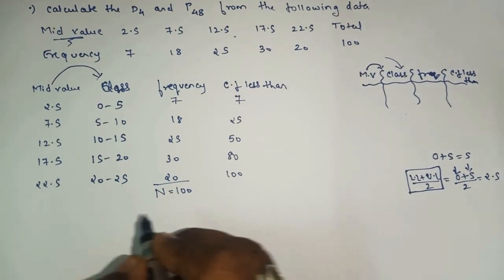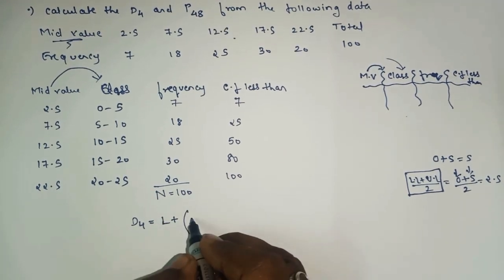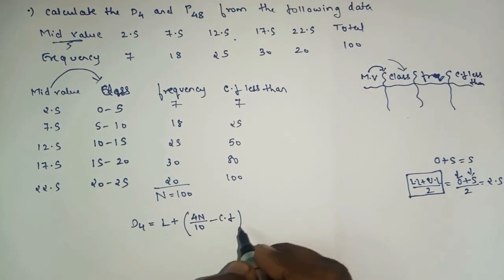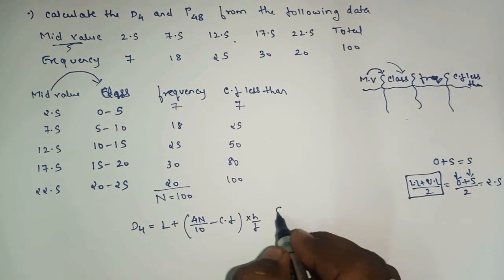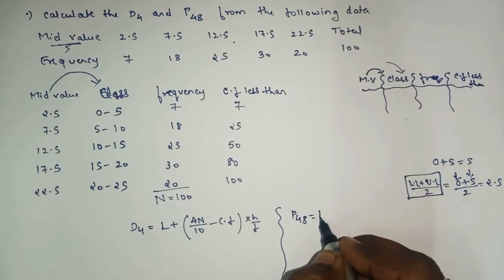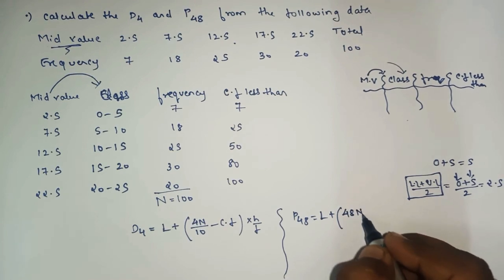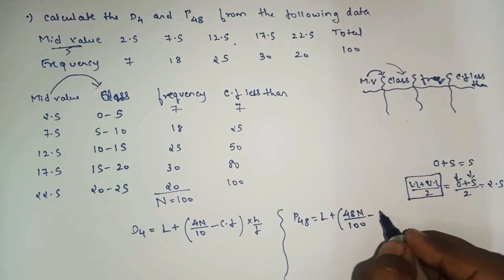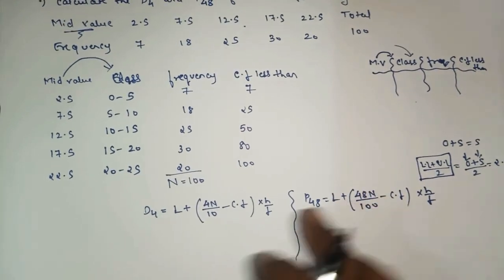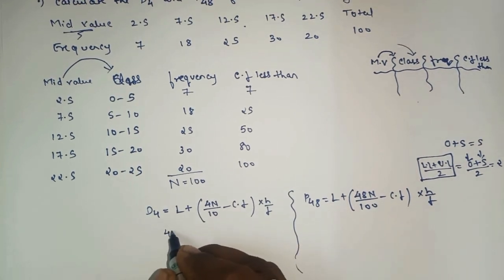For D4, the formula will be L plus 4n upon 10 minus CF into H upon F, and for P48 it will be L plus 48n upon 100 minus CF into H upon F. Now we have to find the value of L, CF, H and F. That you will get from where? 4n, yes or no?